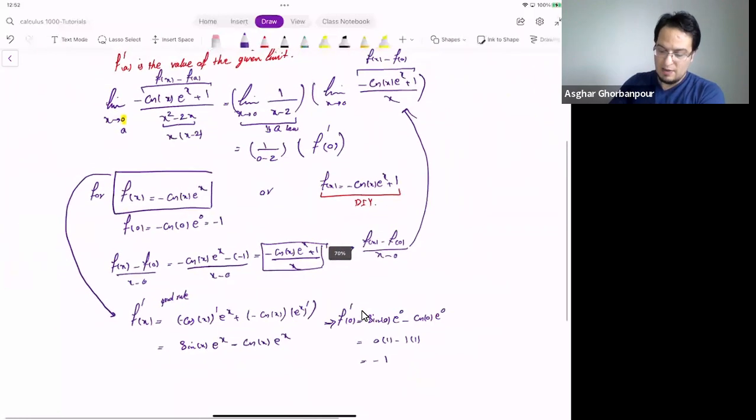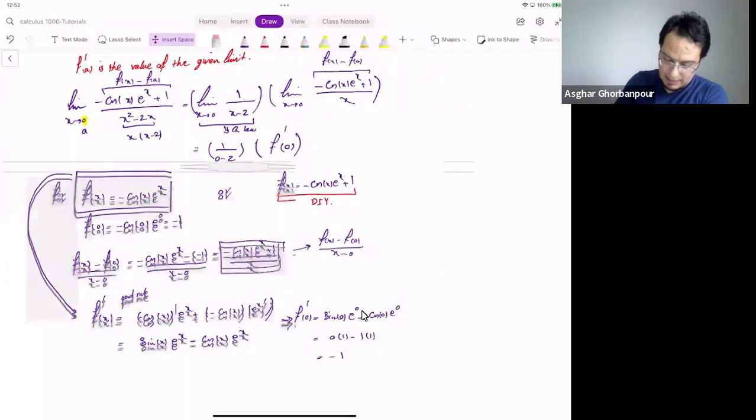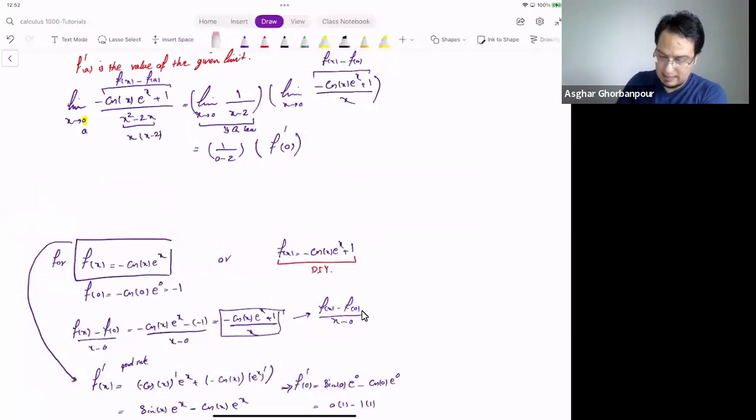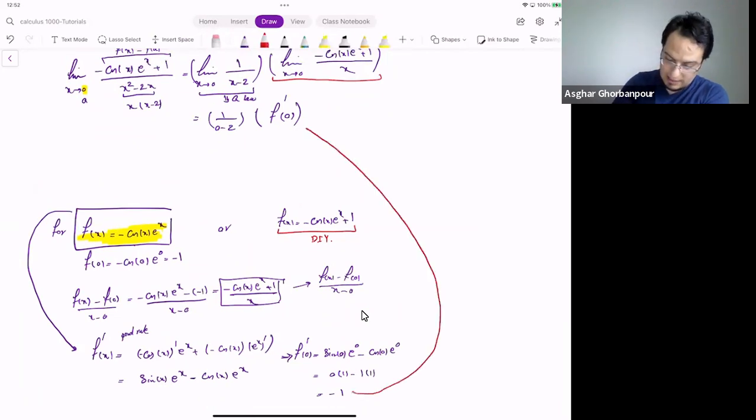So you see, we saw the pattern that this limit is the derivative of this function here at 0. I use the differentiation rule, and we found that f prime at 0 is 1.